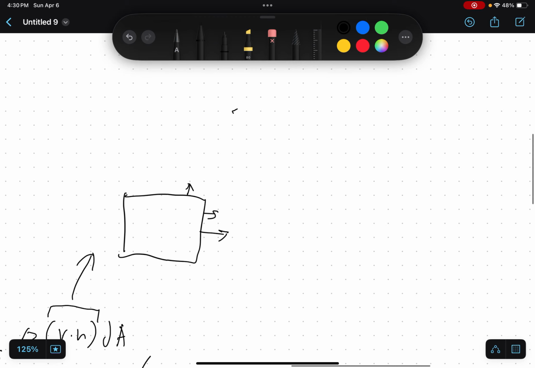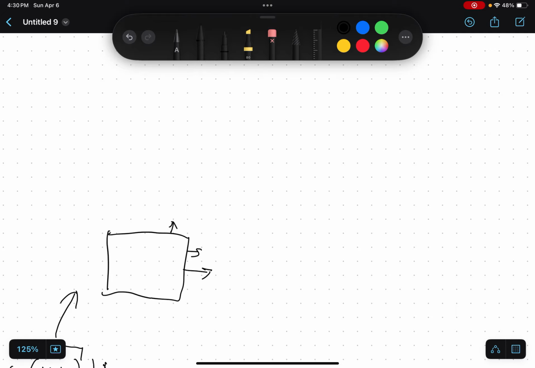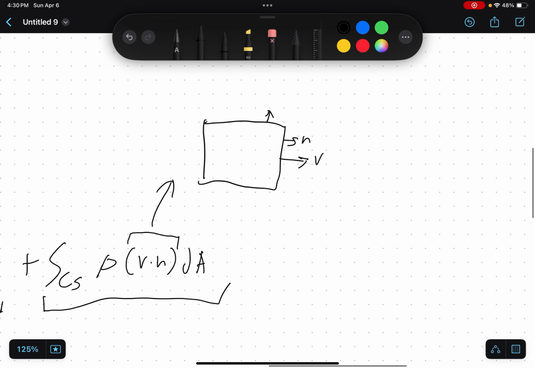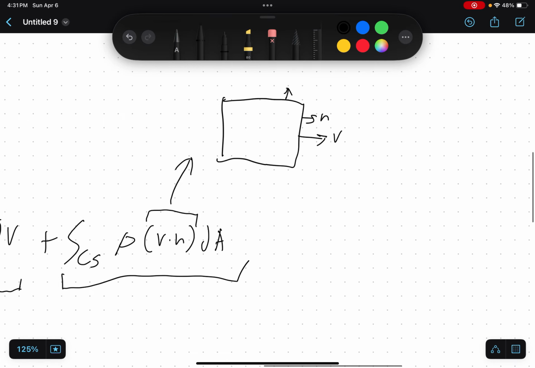If you have a surface that looks like that, that would be the normal. It's always perpendicular to the surface. So if this is your normal, this is V, 100% of V is pointed in the normal direction. So in this case, V dot n just equals V.